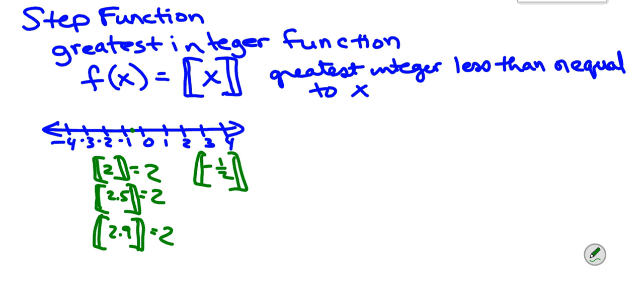If I plotted 2, 2.5, and 2.9, the biggest integer was 2 there. Now at -1/2, what is the biggest integer that is less than or equal to -1/2? It's actually -1. Do you see how negatives are a little trickier?